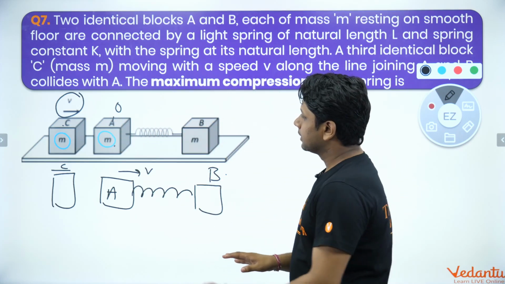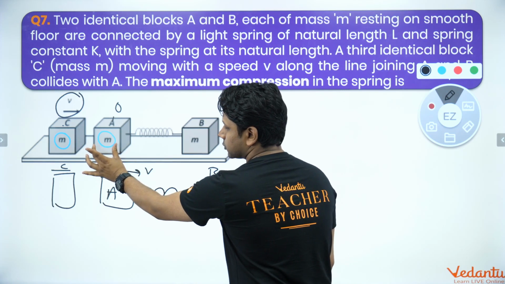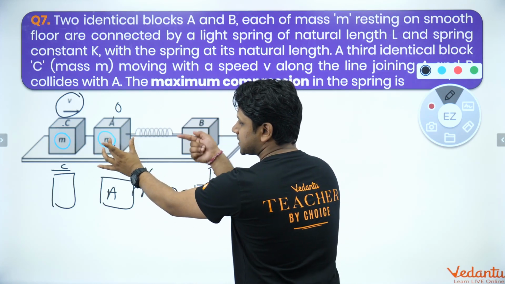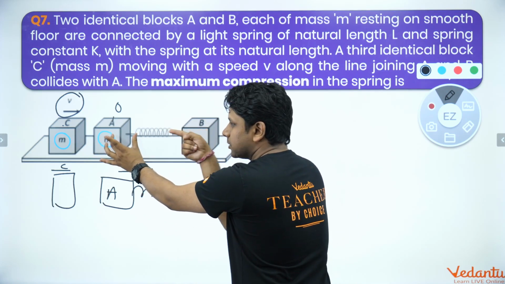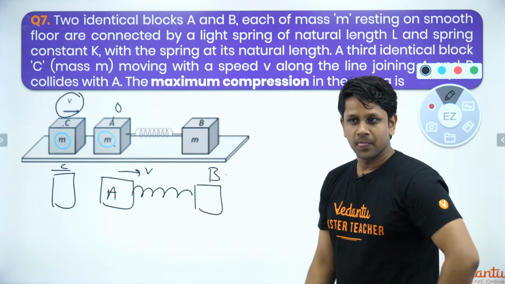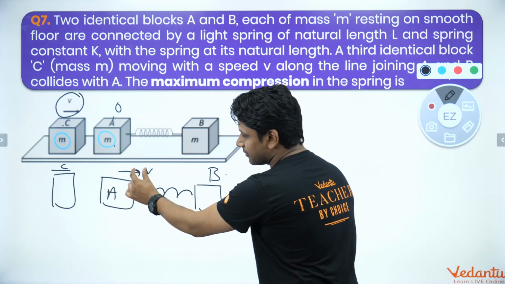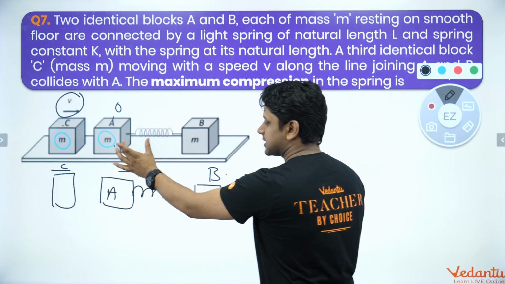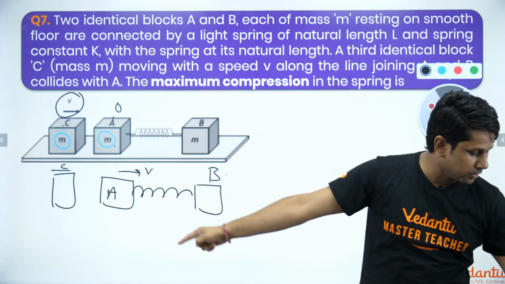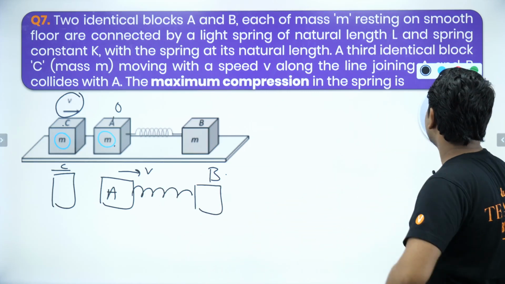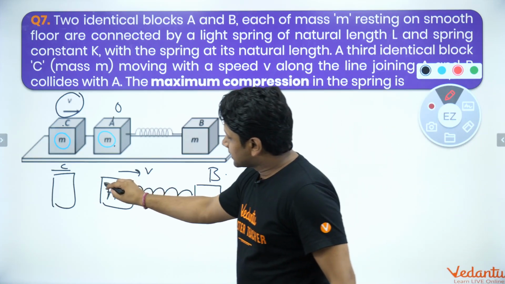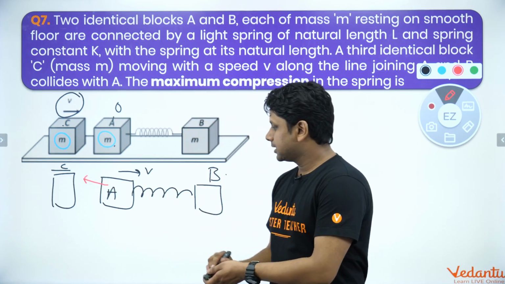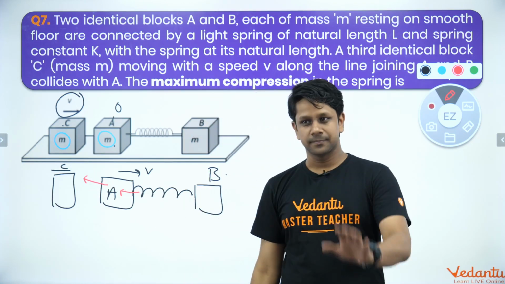देखो अब क्या होगा. The moment A starts to move in this direction, the spring will try to oppose the motion of it. Correct, बच्चों? So A is having initial velocity v, and as it is trying to move in this direction, spring is pushing it backwards. Speed of A will start reducing. देखो, इसका जो speed है वो कम होने लगेगा because it has a spring force in this direction.